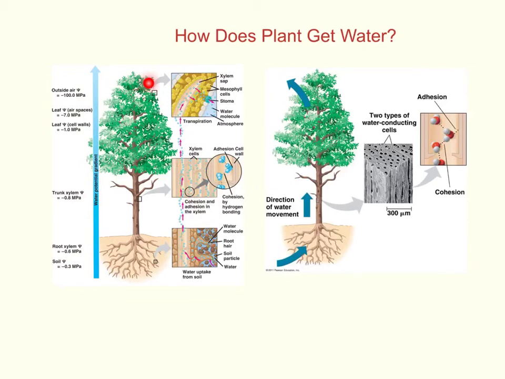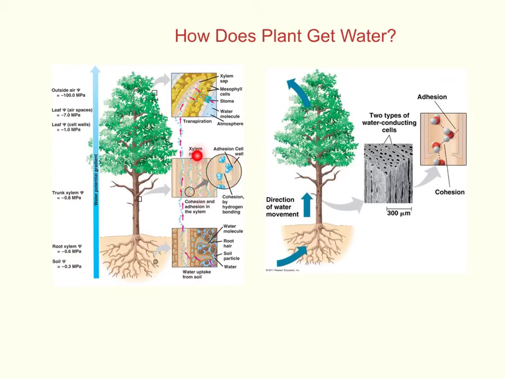The water is moving from the soil as it adheres to the sides. It keeps being pumped up. Notice that these openings are almost a one-way valve, very much like those openings in your blood vessels. There are tissues in the phloem instead of xylem.